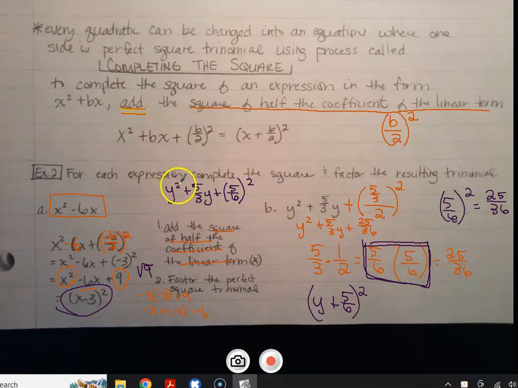Just like when we take y squared, we take the square root, that's just y plus the 5 sixths, and then square that binomial. You don't always have to do this math to get this number, especially if it's a fraction. You can just write 5 sixths squared, because you're going to have to find the square root of it anyway. And then you get to keep it.